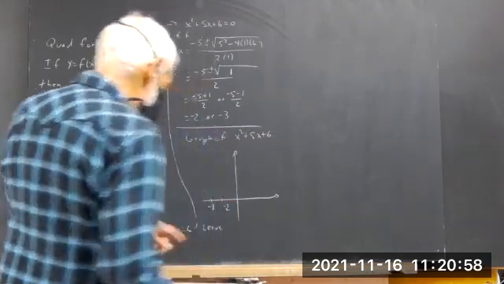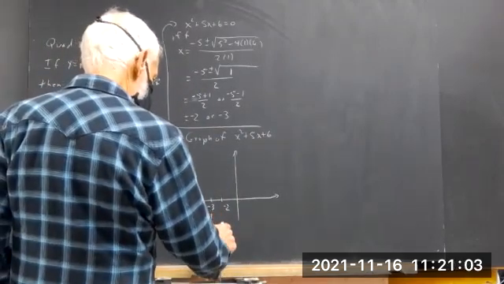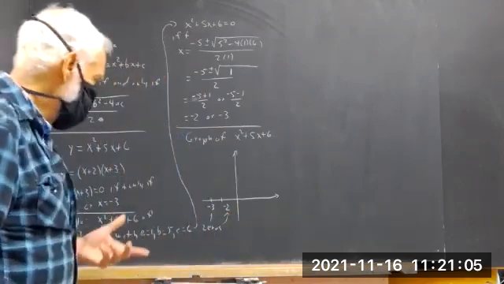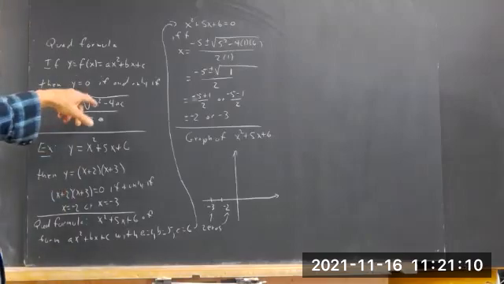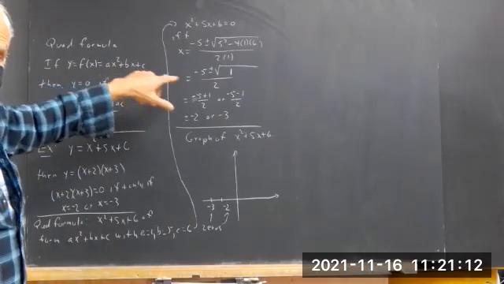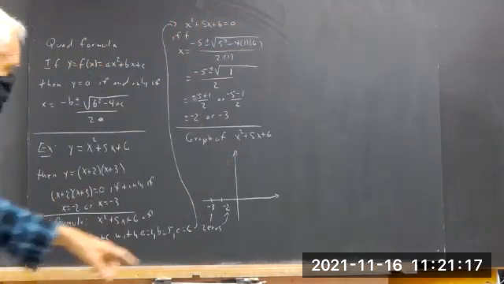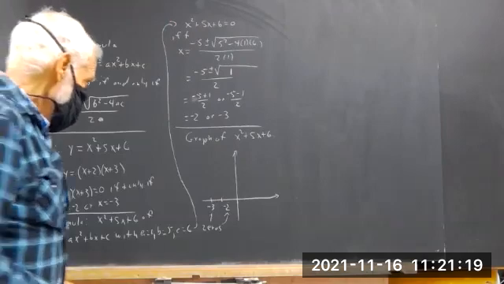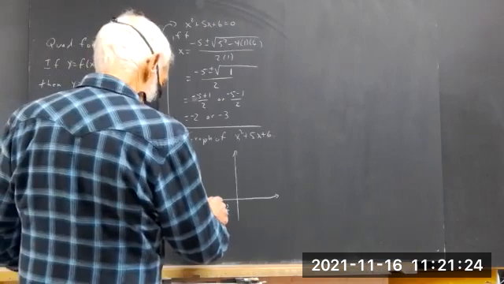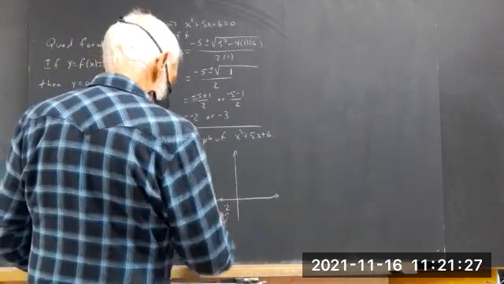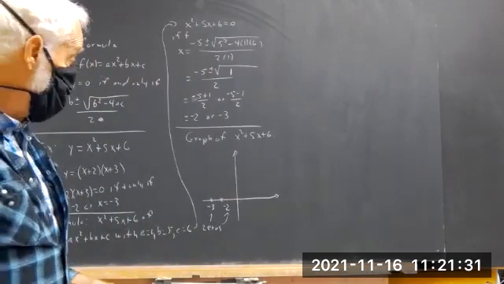The graph is, well, the value of the function is 0, so y equals 0. Remember that the quadratic function tells you where y equals this thing is 0. So it tells you where this expression is 0. So your quadratic function is going to be 0 here. So the graph of the function has to go through this point and this point. The end behavior of this function is the end behavior of x squared.